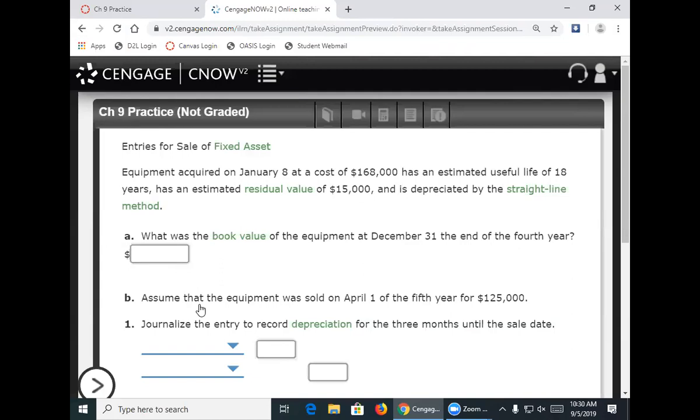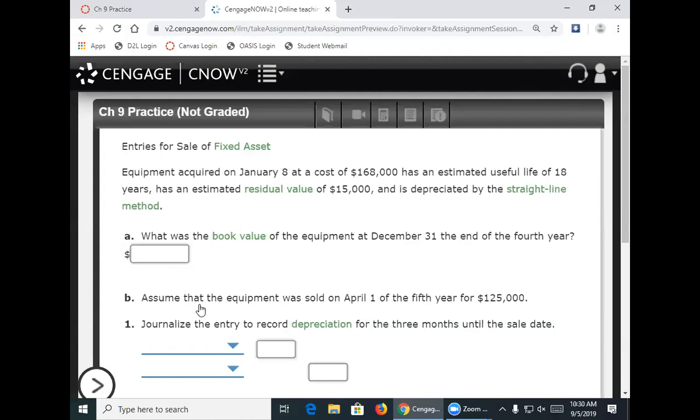It has an estimated useful life of 18 years, a residual value of $15,000, and is depreciated by the straight line method. Okay, so it's telling us all of that. It wants us to calculate the book value at the end of the 4th year. So this one is kind of a review of some of the depreciation material.